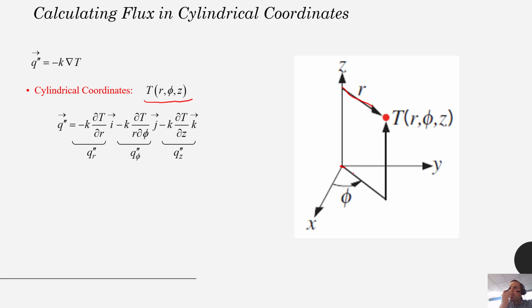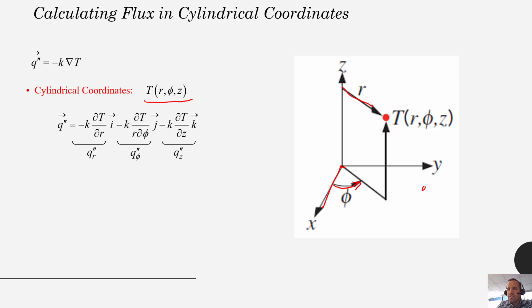Then, in order to go in different directions, we would use this phi. Phi tells us how far we are away from one particular part, let's say a projection onto the x coordinate. Phi is an angle. So, just like in the xy coordinate system, we could express anywhere on this two-dimensional plane in terms of just r and phi: how far we are away from the origin, and how far in terms of degrees we are away from that x vector.